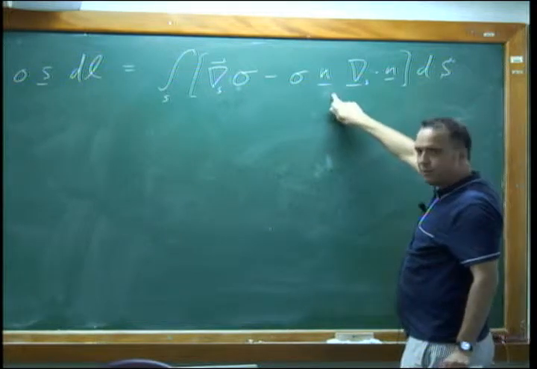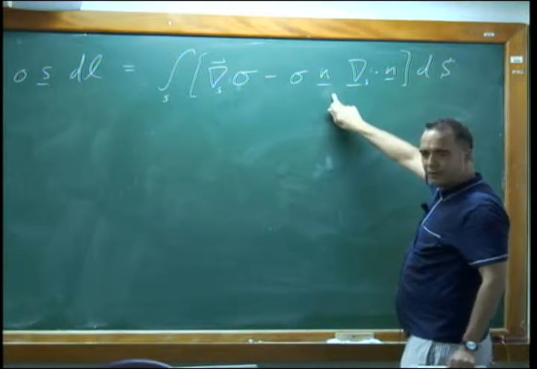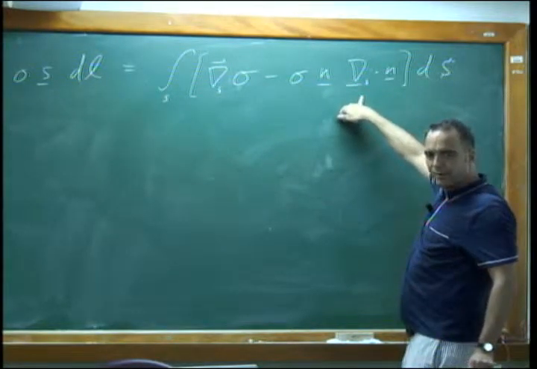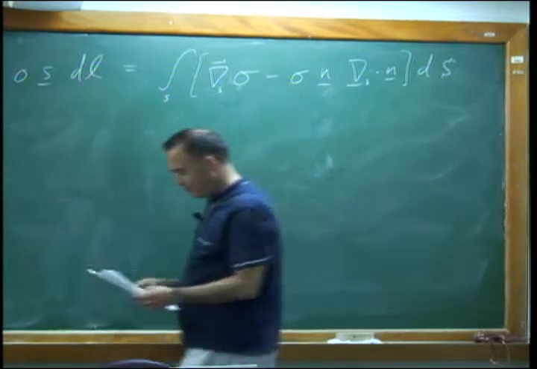Then we have this term, which is normal to the interface, and this looks just like our Laplace pressure. It's the surface tension times the divergence of the normal. Let me define what grad sub S is. I just realized that I haven't done that.